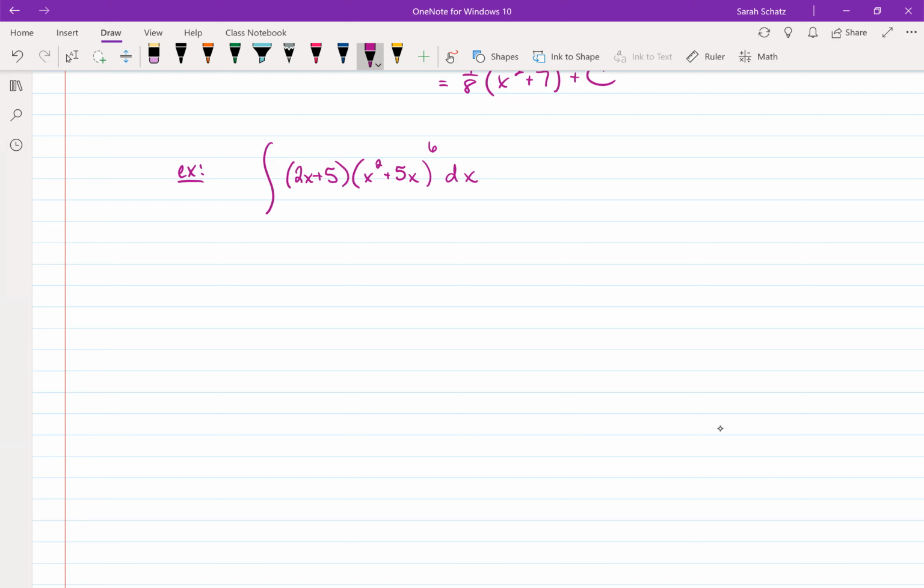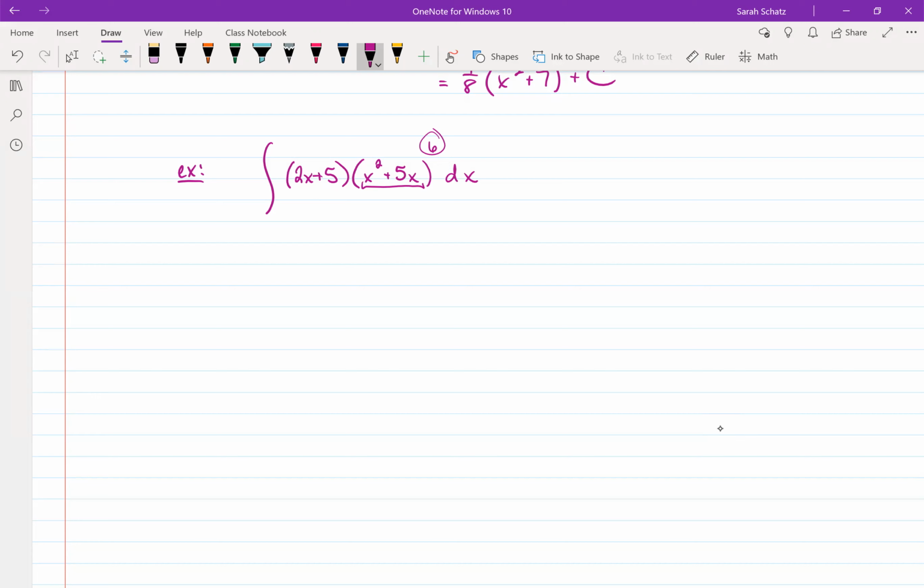You guys, this one looks more complicated. I've actually written it to where it's not as complicated. But what if you have a bigger term out here? One thing you might say on this one is, well, how do I decide what's u? Well, u is the one in the parentheses that's taken to the power. So you know which one to pick between these two sets of parentheses. This one's being taken to the 6th power.